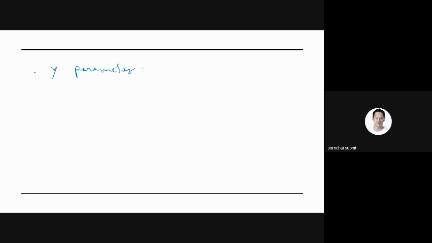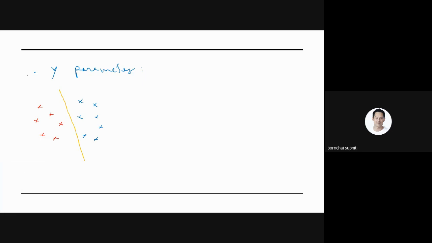So what is the gamma parameter? For the gamma parameter, what happens is when you have data points that are away from the boundaries. And let me draw the boundary in orange. Let's say this is the boundary.